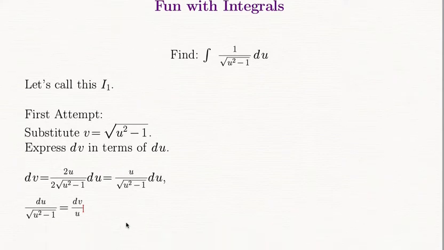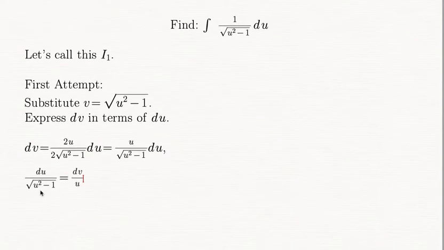What is good is that we got the expression that we wanted and we got to clear the radical, the square root. The messy square root is out of the question now. But this is bad because we have dv in the numerator and u in the denominator. It's looking like a mixture of two symbols. What we ideally wanted was to express this dv by u entirely in terms of v.